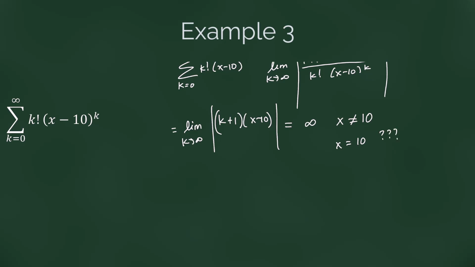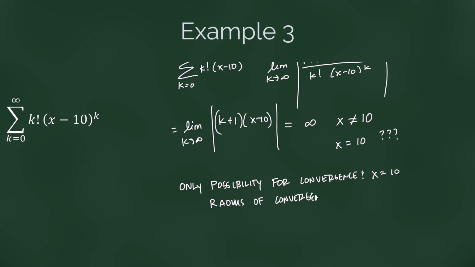But we now know that the only place this might converge is when x equals 10. That tells us that we have a radius of convergence of 0.